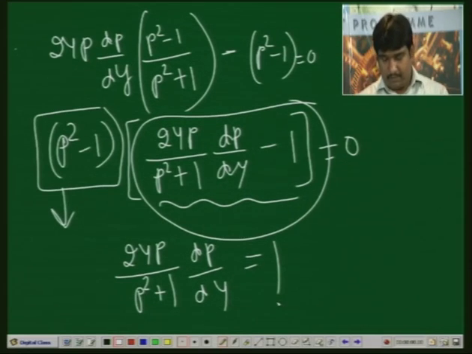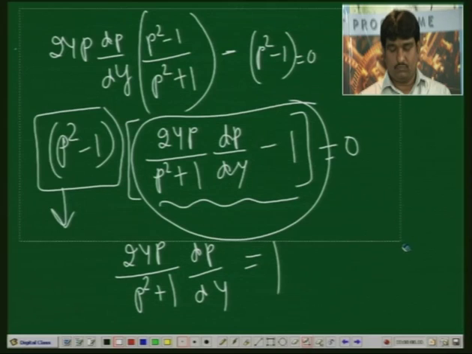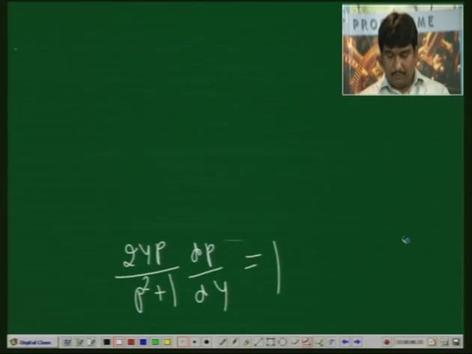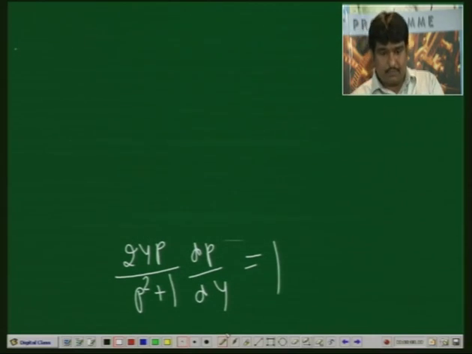Using the variable separable technique, you can separate it easily. Separate the variables. You can write this equation by cross multiplying. You transfer y terms to the RHS.